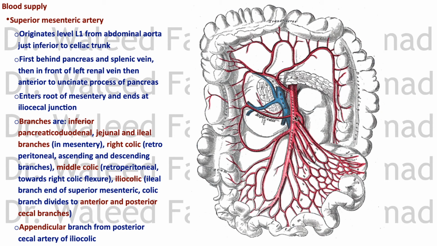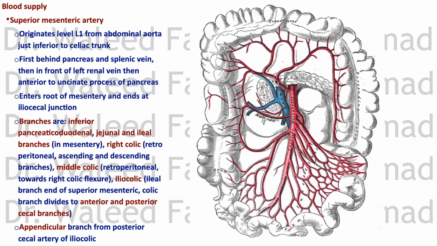If it's going horizontally to the right, this is the right colic branch, especially when you find out that it divides into superior and inferior branches. The middle colic is the artery that's directed towards the right colic flexure. See, this is the middle colic artery. Middle colic, right colic, ileocolic.